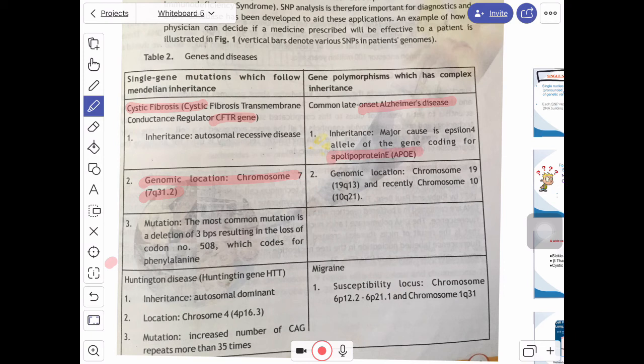Then on chromosome number 19, there is an SNP leading to disease. Codon 508 leads to phenylalanine, again a disease-causing change related to this. Huntington's disease is on chromosome number 4. It is an increased number of CAG repeats, more than 35 times, due to SNPs. Migraine is also a disease found to have some association with SNPs.